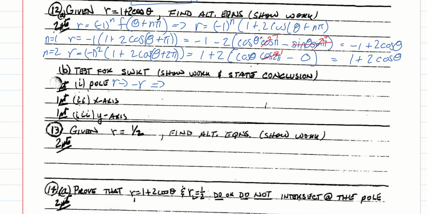We're not doing it with all of them because, again, there's alternate equations. We'll have -r equal 1 plus 2 cosine theta, which means r is equal to -1 minus 2 cosine theta. If this happened to equal our alternate equation or the original equation, then it would be symmetric. But since it's not, then it doesn't work. So no, not symmetric with respect to the pole.